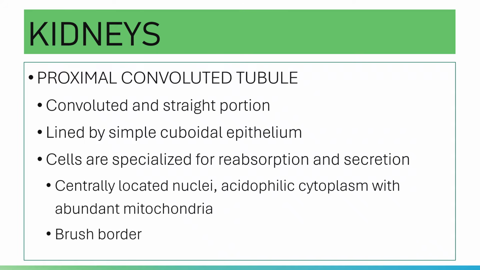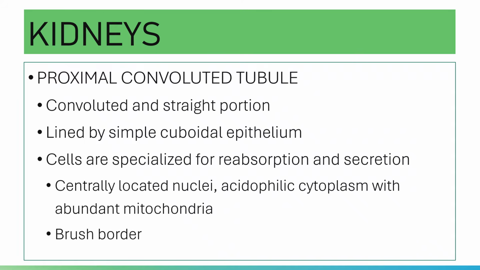The cells of your PCT have centrally located nuclei and very acidophilic cytoplasm with abundant mitochondria.